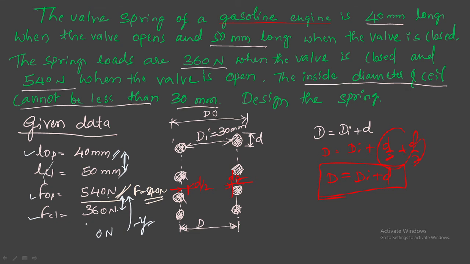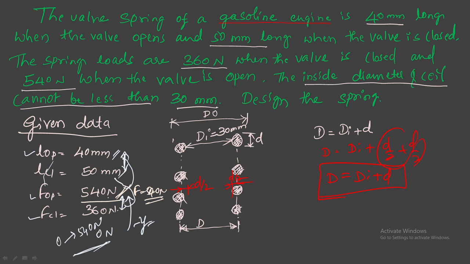As you are applying the force from 0 to 540 Newton, we don't know how much it is going to deflect. But they have given the range here, 40 mm, 50 mm. To open at 40 mm, you need 540 Newton.